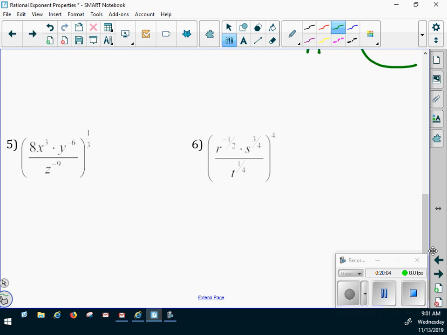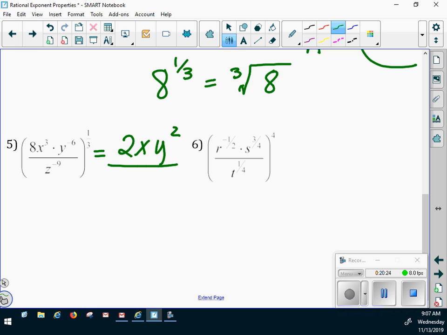I want you guys to try 5 and 6. I'm just going to walk through these. Guys, remember 8 to the 1/3 power means cube root of 8, which is 2, right? Then you have x, y squared over, what's that say? Are any of those negative? The 6 was negative, so that's negative.